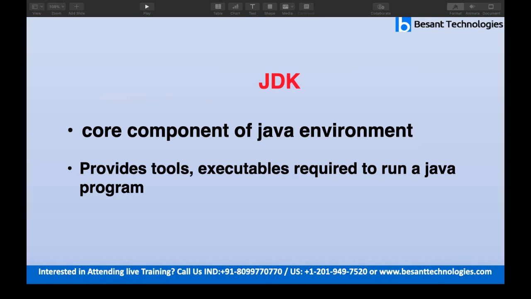It will provide you the Java runtime environment, compiler, archiver, and everything else necessary for running Java code. It enables developers to create Java programs which will be executed by the Java runtime environment and Java virtual machine.